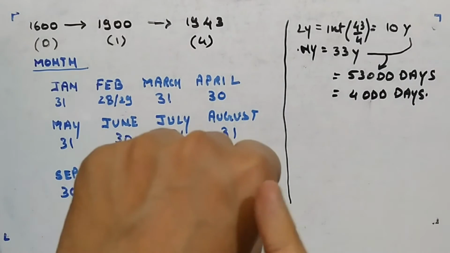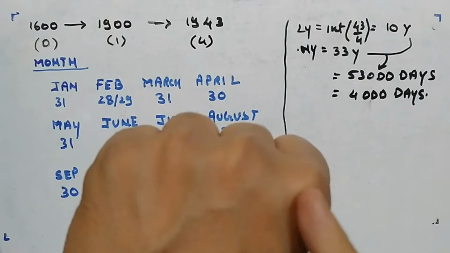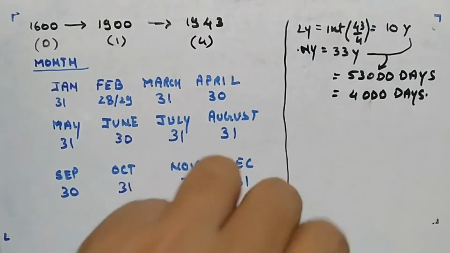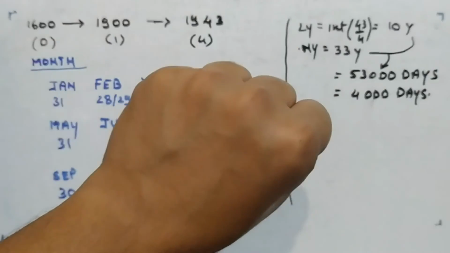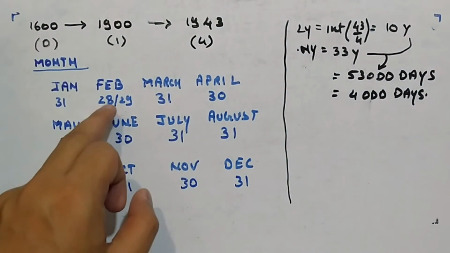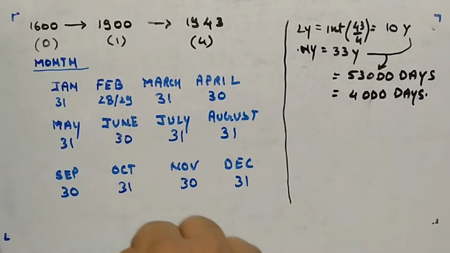So with these bumps I used to remember the days. I start with January from here, this bump. Then there is a gap here. You close your fist and you will see the gap is here. So the gap means February, 28 or 29. Then again a bump, 31, then 30, 31, 30, 31, then 30, and 31 for July.